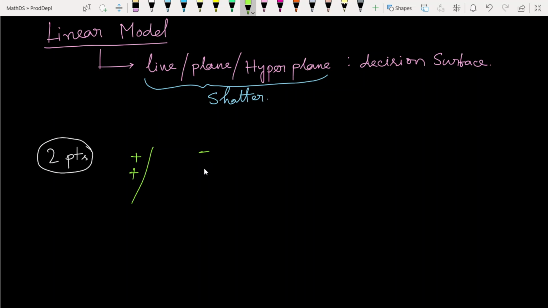If we have two negative points, it is also separable. If we have plus minus or minus plus, any combination you can take, it is always possible to separate these two data points with a line.